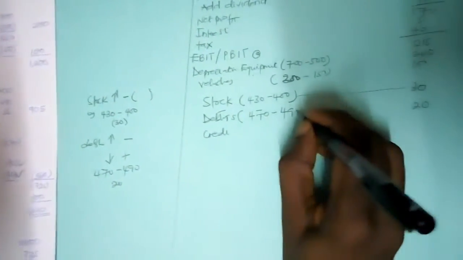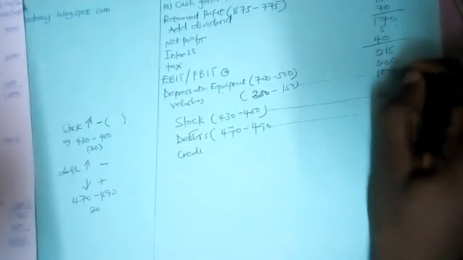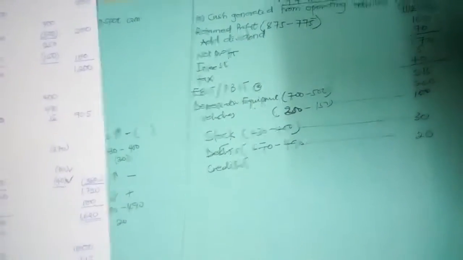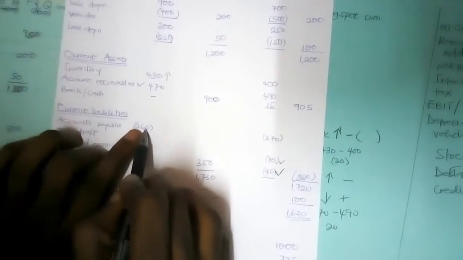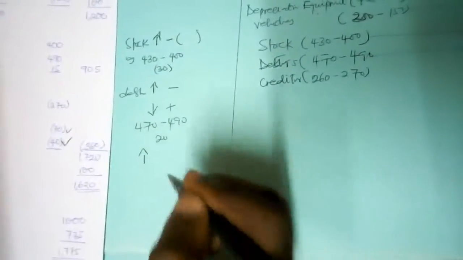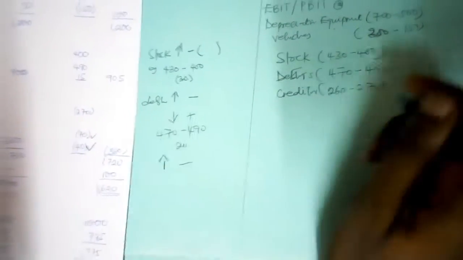Then we go to our creditors. So please, this is 30, this is 100. I hope you can see it. The creditor, we have account payable. So in case you don't see direct creditors, we call them account payable. So you subtract the 270 from the current year. So we have 260 minus 270, and the principle also says that if the current year goes down, we subtract.